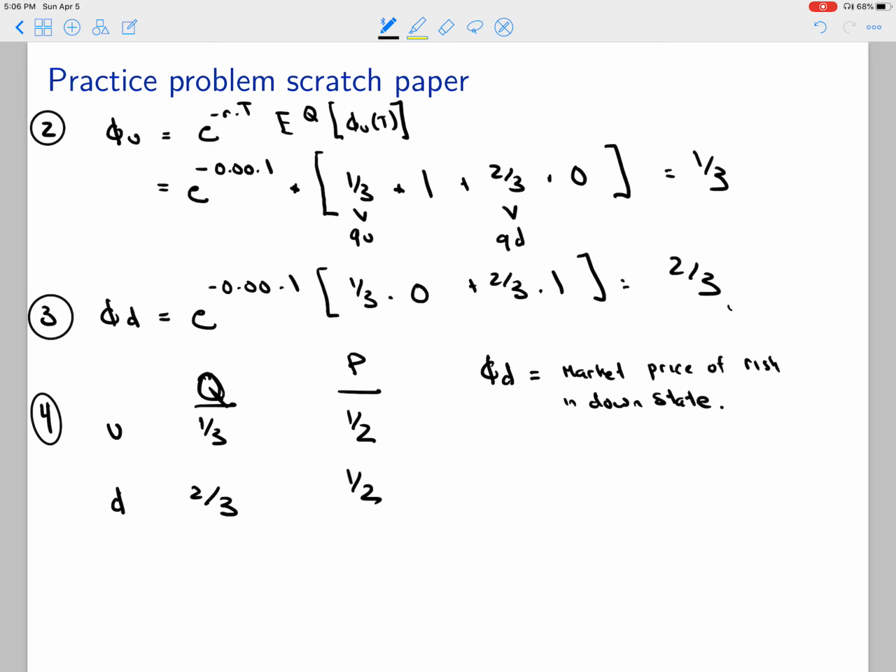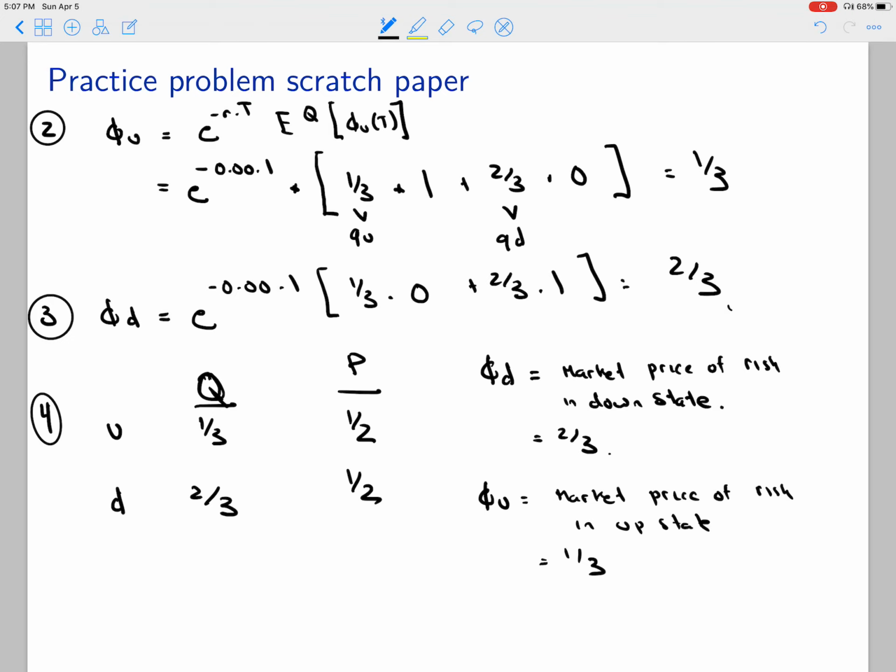It's equal to 2/3. It's the cost of receiving $1 in the downstate today. Phi U represents the market price of risk in the upstate. It's equal to 1/3, and it's the cost of receiving $1 in the upstate of the world.